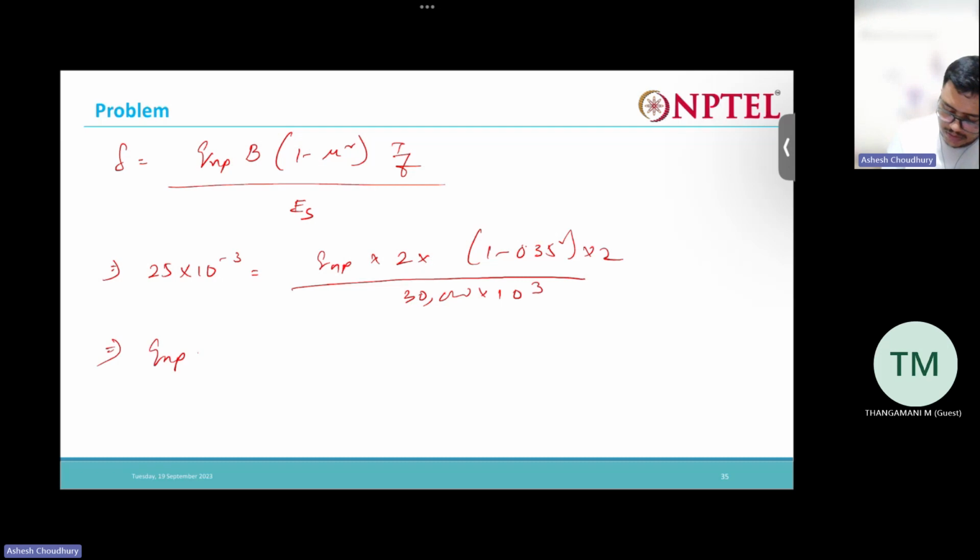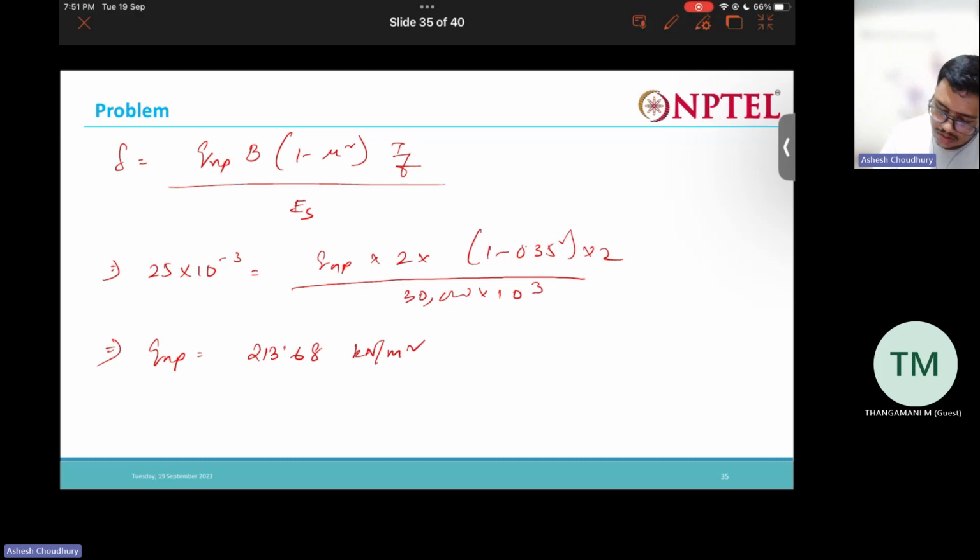Now from the settlement criteria, let us see. How much will be Q naught? It is 213.68. So what will be our Q now in this case?